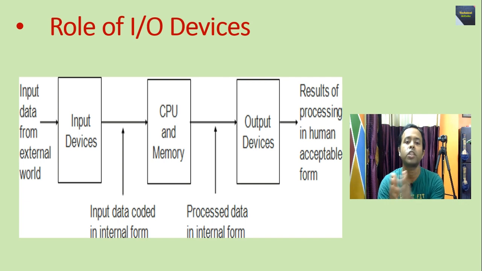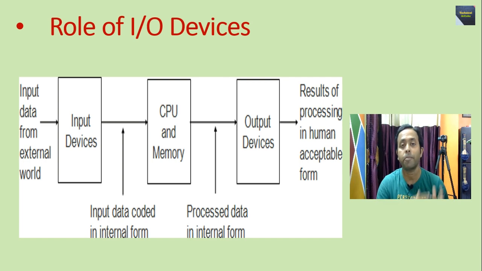And then it goes to the CPU and memory for processing and storing. And then the processed data, after processing, the result is in internal form, means in binary or in a particular machine language. Then it goes to the output device, to give the result of processing in human acceptable form.